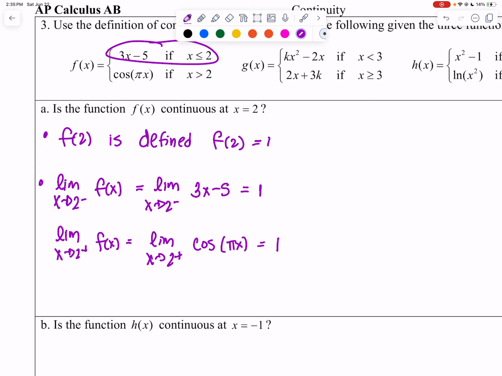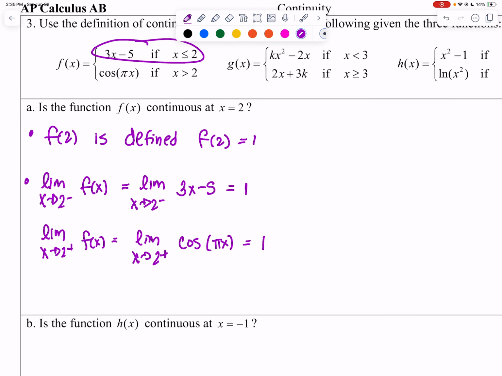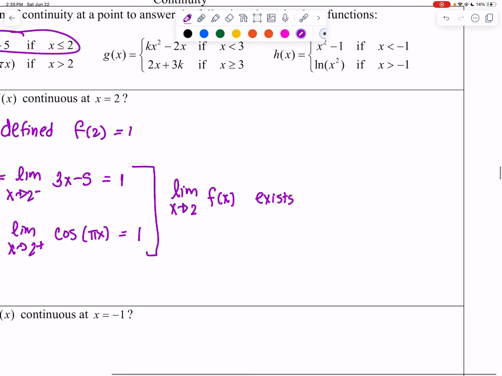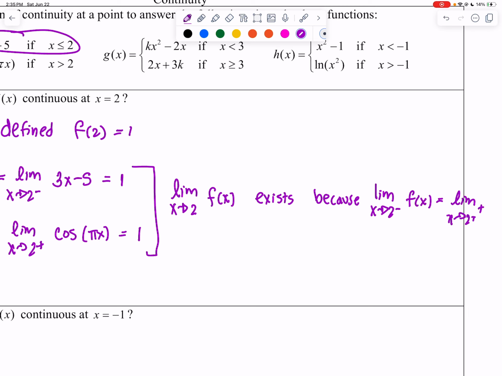So now I have 1 and 1 right here, which tells me that the limit as x approaches 2 of f of x exists, and then you're going to explain why, aka because the limit as x approaches 2 from the left is the same thing as the limit as x approaches 2 from the right.